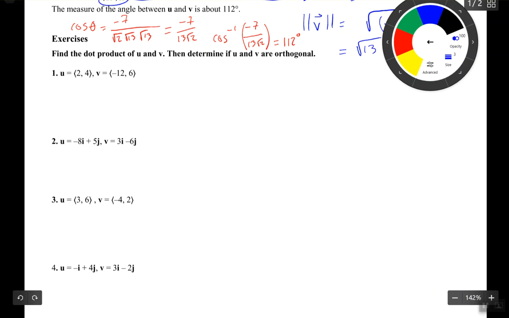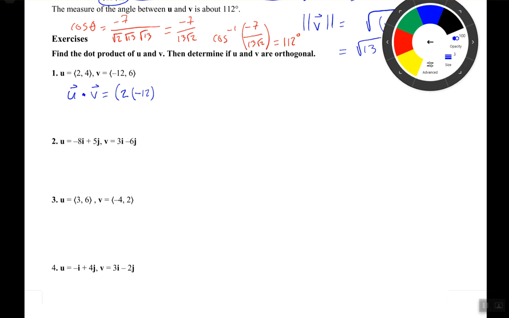So to find the dot product, u dot v is equal to, are we going to multiply the x's? What's the x of u? 2. And what's the delta x of v? U goes first.